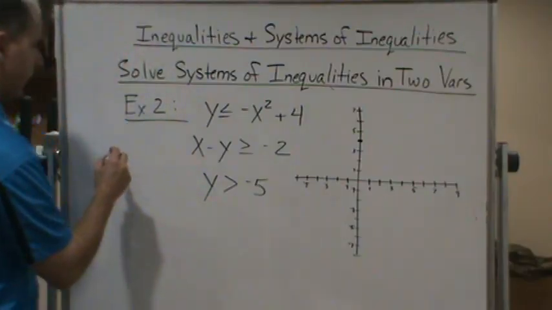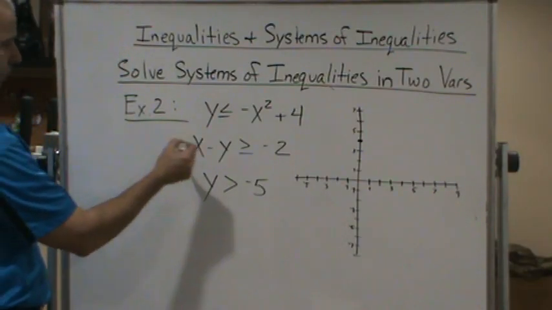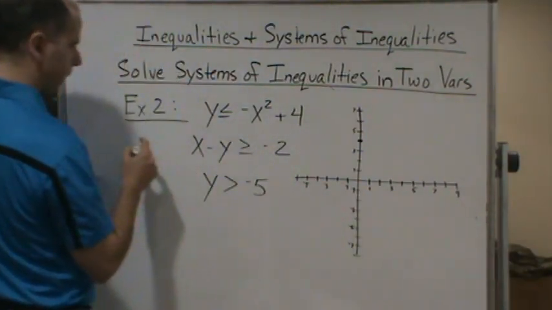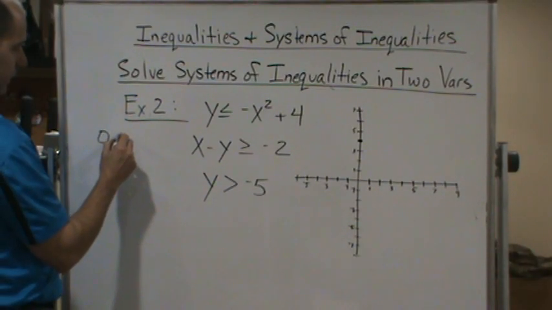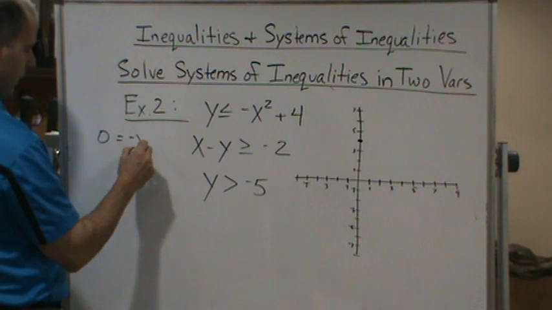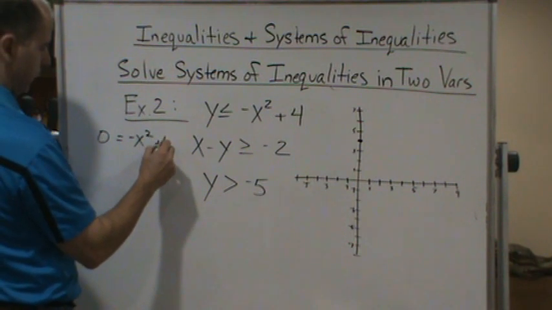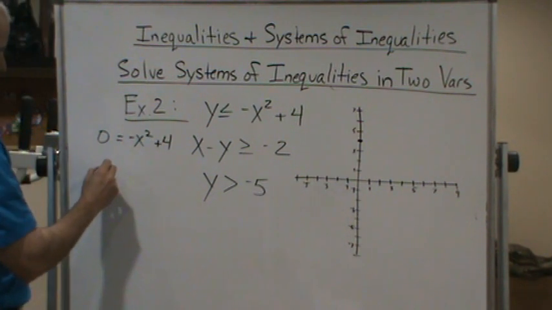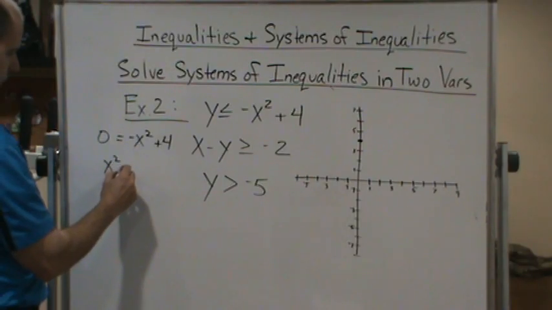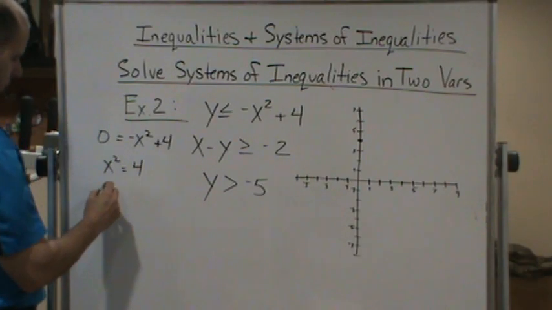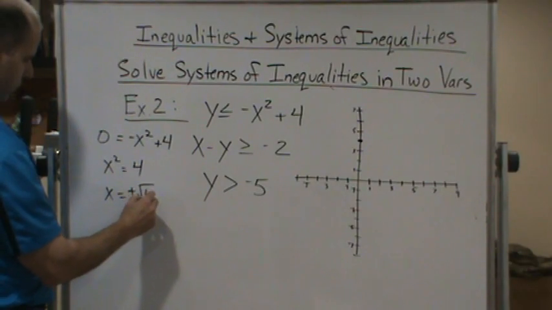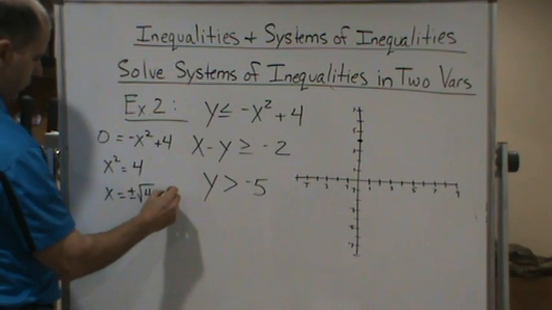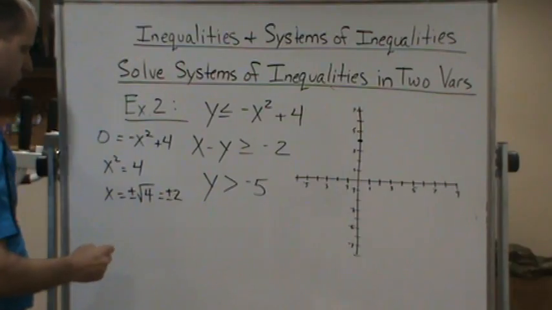So if we look at this, if we just define the x-intercepts, right? So y is equal to 0, so y is equal to negative x squared plus 4. And so that means x squared is equal to 4, which means x is going to equal plus or minus the square root of 4, which is going to be plus or minus 2.